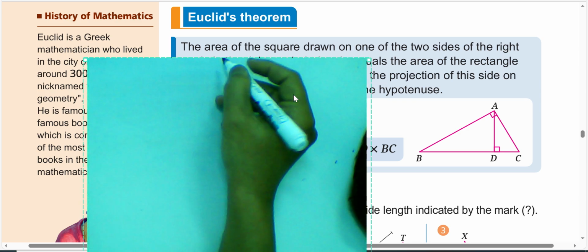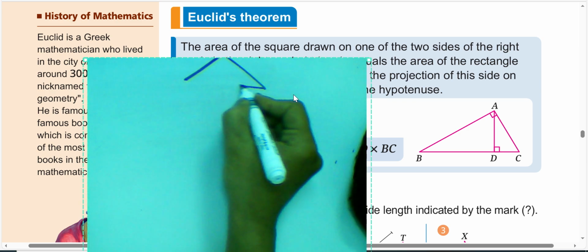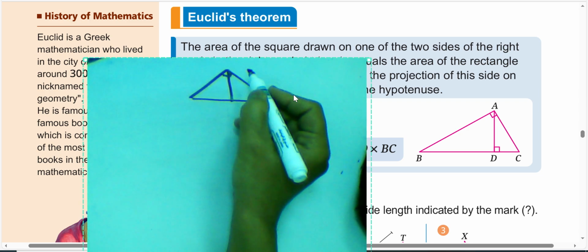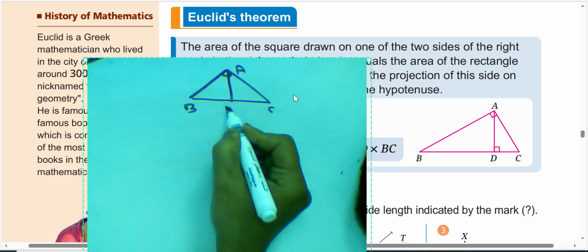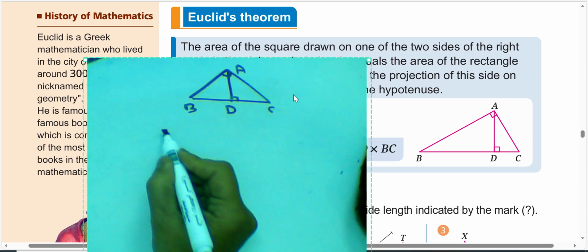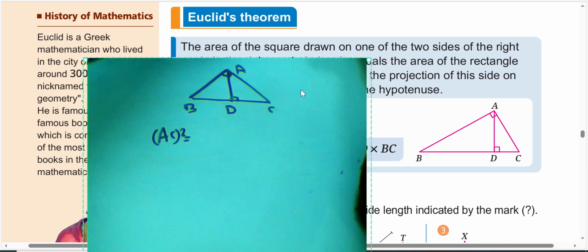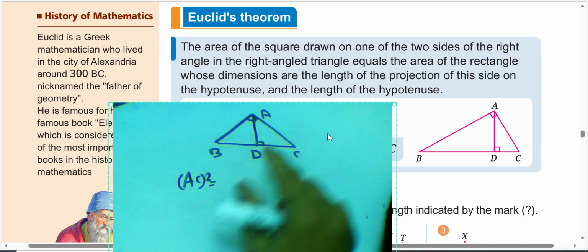If we have a right angle triangle like this, A, B, C, and a straight line here perpendicular, D perpendicular, then AC power 2 is the area of the square drawn on one of the sides.